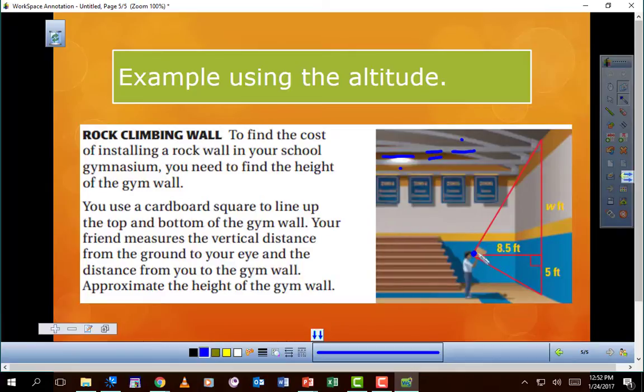See, so notice this altitude goes this way, and it hits this one right there. Okay? And so the 8.5 goes here, the 8.5 goes here. Those two are the ones that are the same.